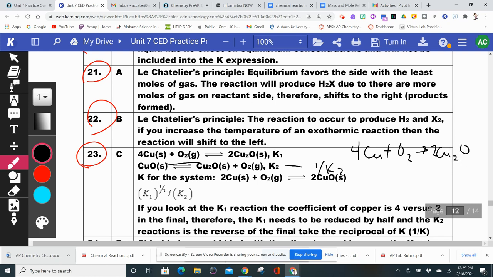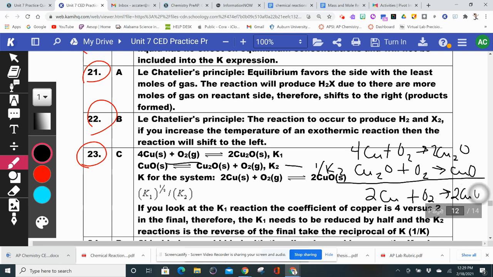And then if we turn this one around, that would be Cu2O plus O2 goes to CuO. All right, so 2Cu plus O2 goes to 2CuO.